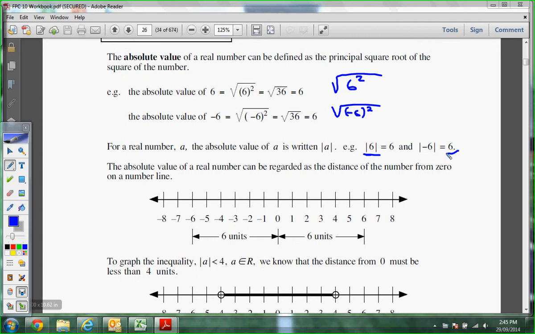But we want the distance from 0, so remember, whenever we talk about distance, can you have a negative distance? No, we can't. That's how they get 6 and 6. They just leave it 6. So the principal root is just 6. That's why I know it looked weird earlier. It says you can have a 6 or a negative 6, but then it says, but don't write negative 6.